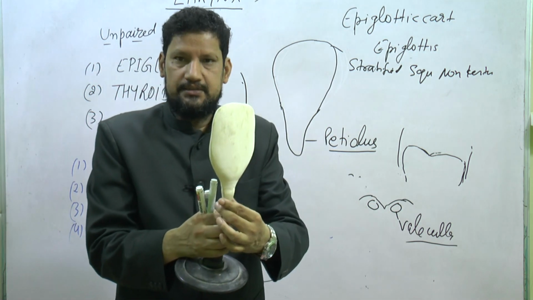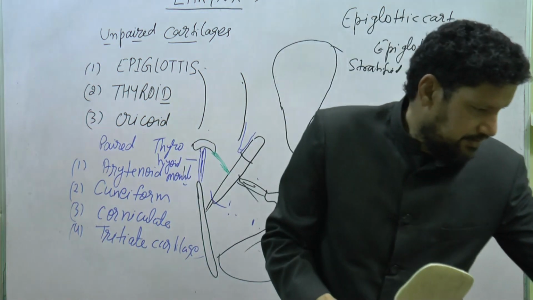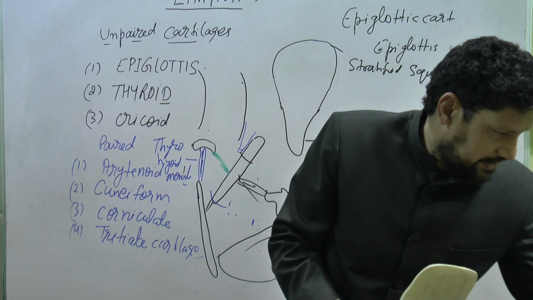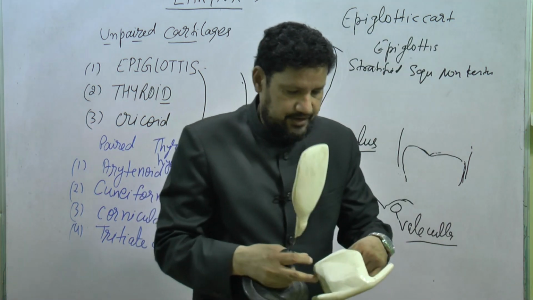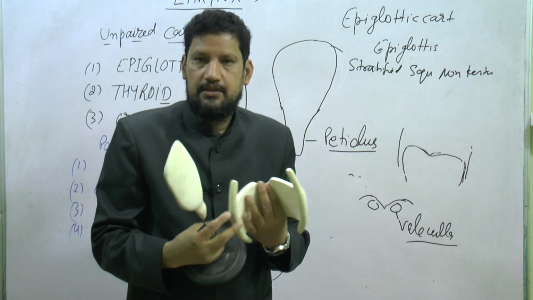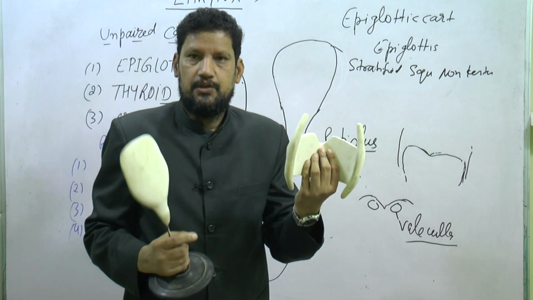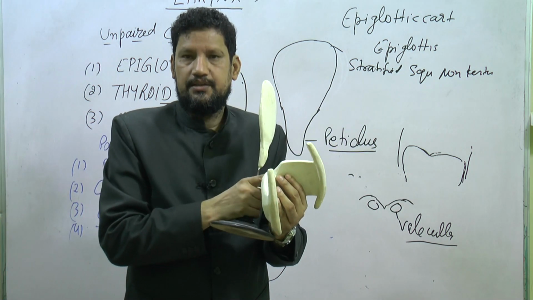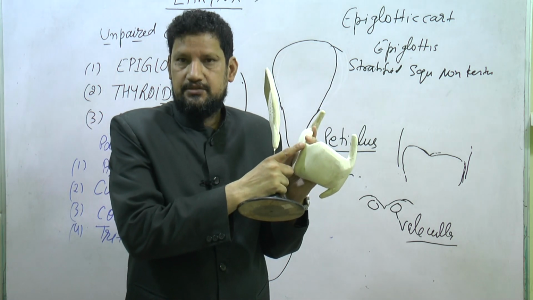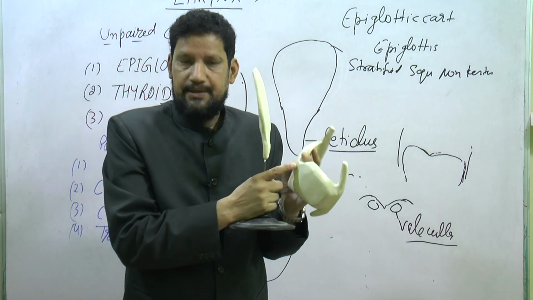This petiolus articulates with the posterior surface of angle of the thyroid cartilage. So this is like an open book. Two thyroid laminae are forming an angle or laryngeal prominence, which is also known as Adam's apple, very prominent in males.